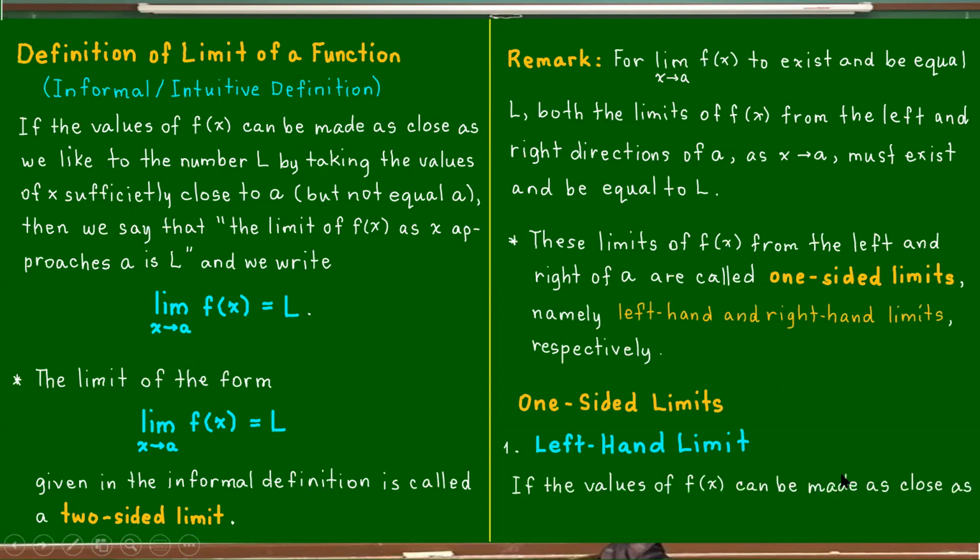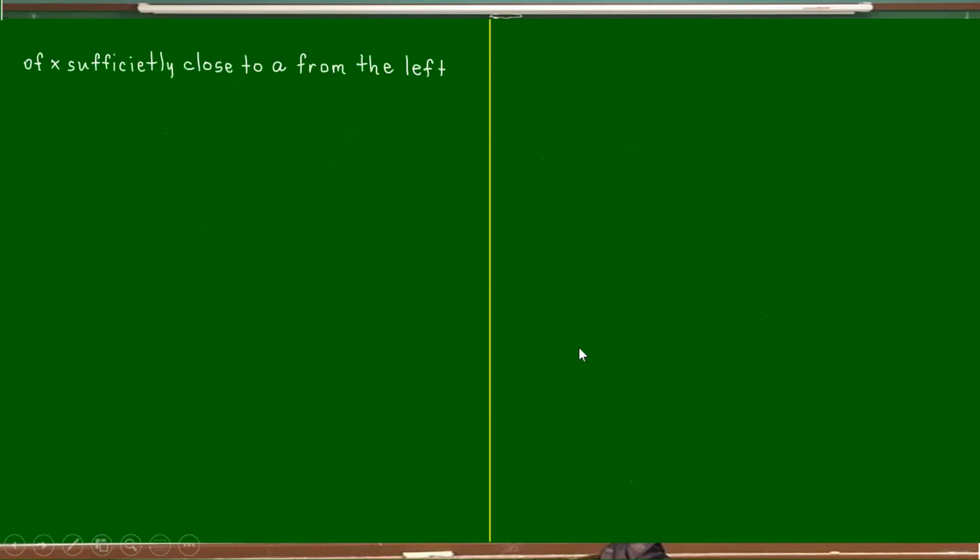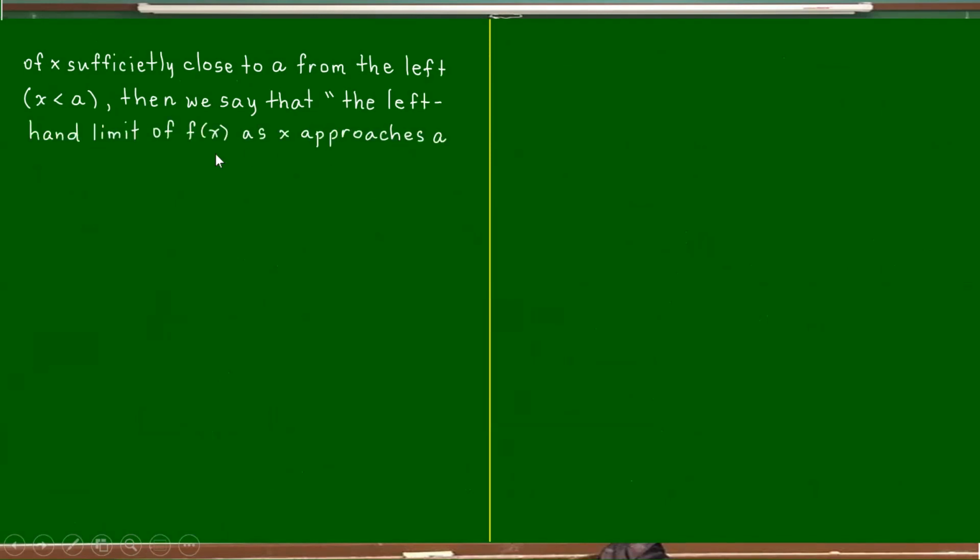So if the values of f(x) can be made as close as we like to the number L by taking the values of x sufficiently close to a from the left of a, then we say that the left-hand limit of f(x) as x approaches a from the left is L, and we write lim f(x) as x approaches a with a negative on top of a, to mean coming from the left of a, the values of x. And that is equal to L.